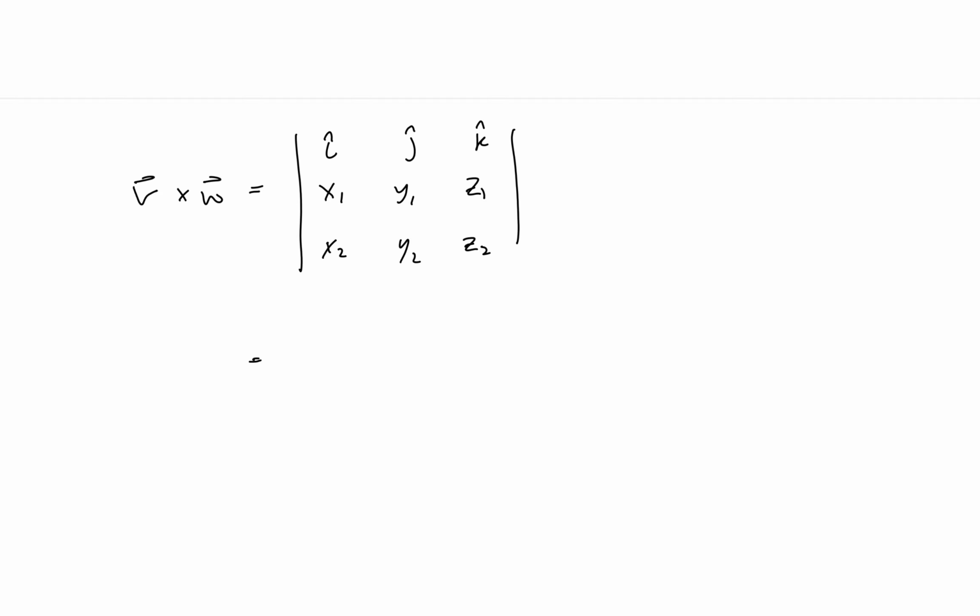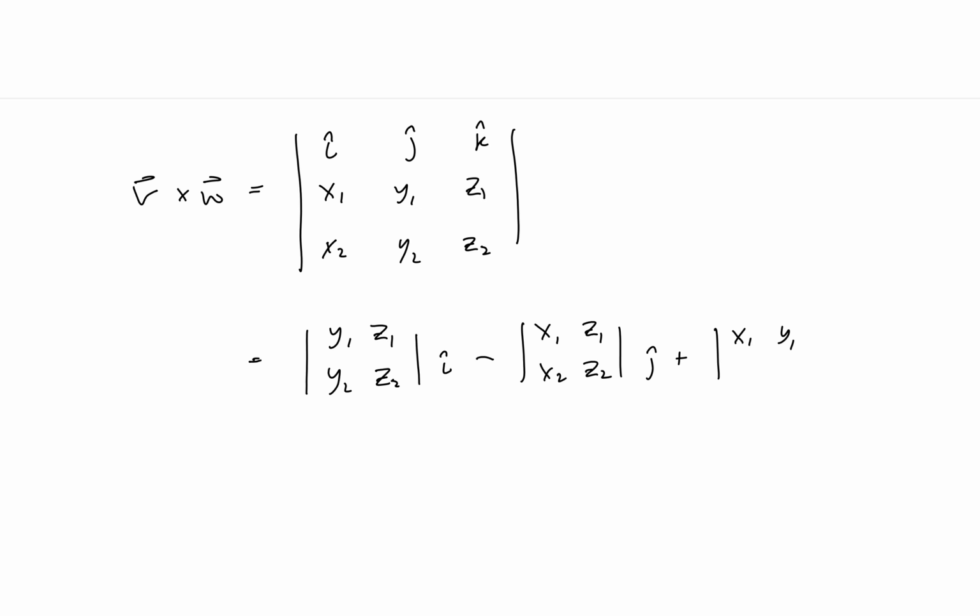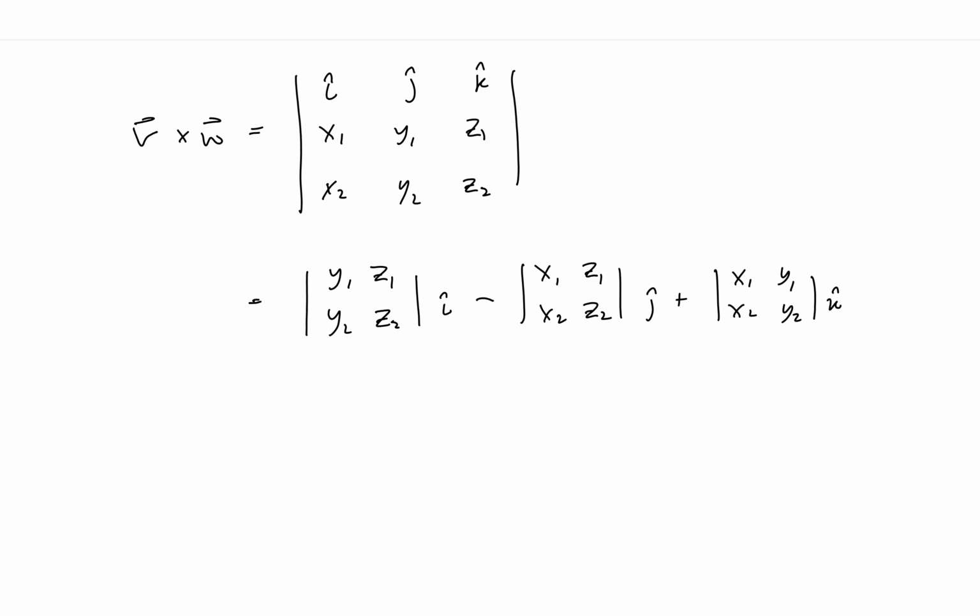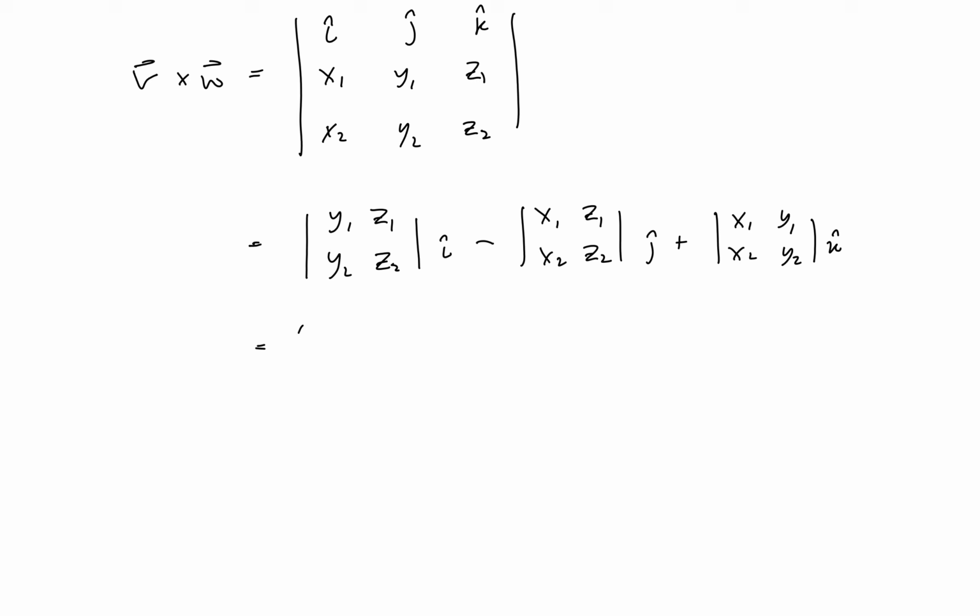And this was given by, we cover up the first row and the first column, so we have this determinant left over. This is times i, and then we switch the sign, cover up the first row and the second column, and we're left with this. And then finally cover up the first row and the third column, and we get this. And then we can take these small determinants to work this out.